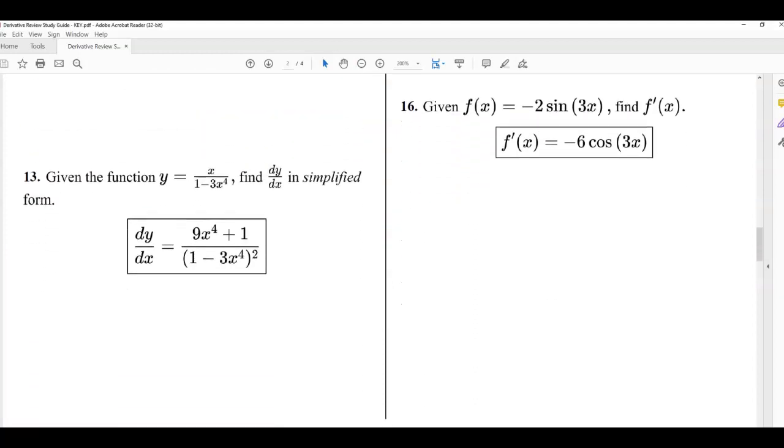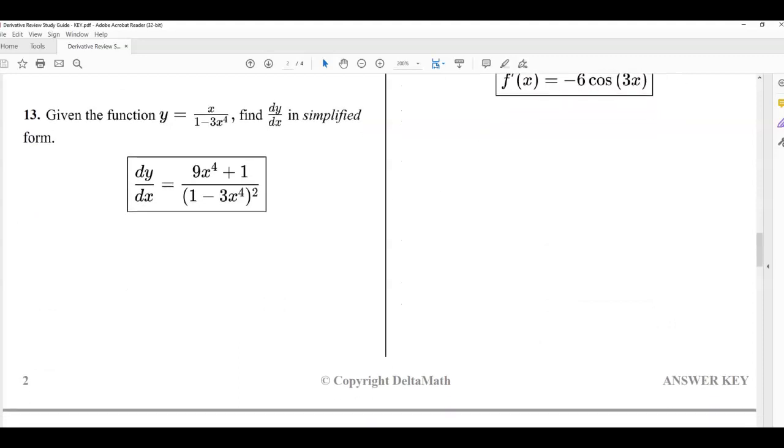All right, let's go ahead and take a look at number 13. They want us to find the derivative of this. Now that's going to be a quotient rule. So the quotient rule works like this. You have a function where you have a low function and a high function. The derivative is low d high minus high d low, draw a line, and square below.